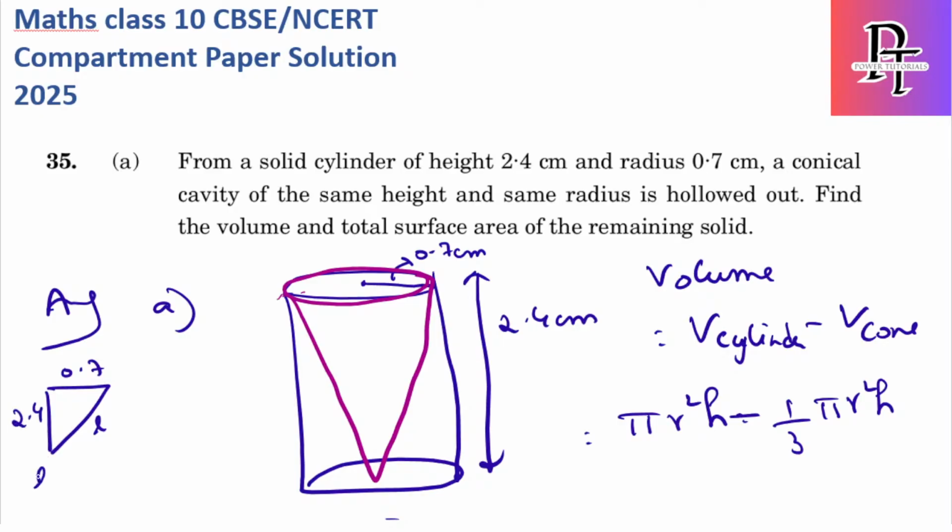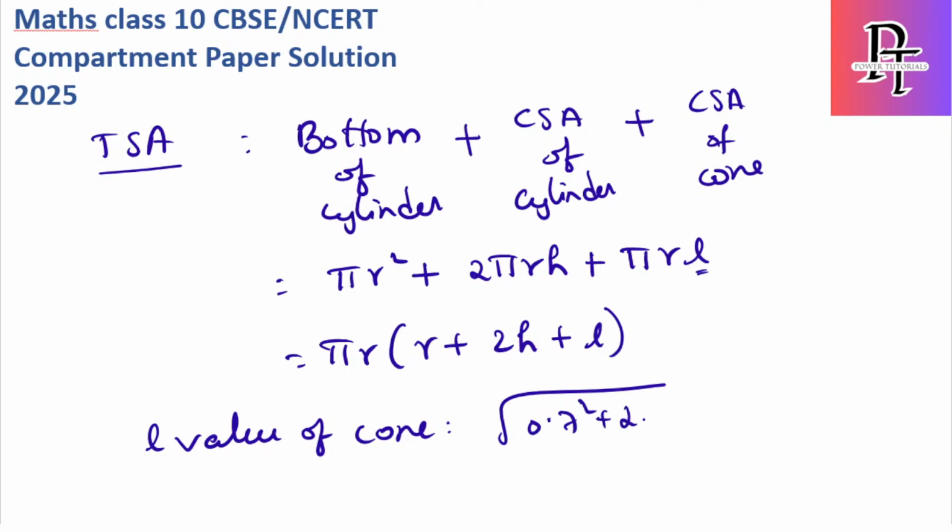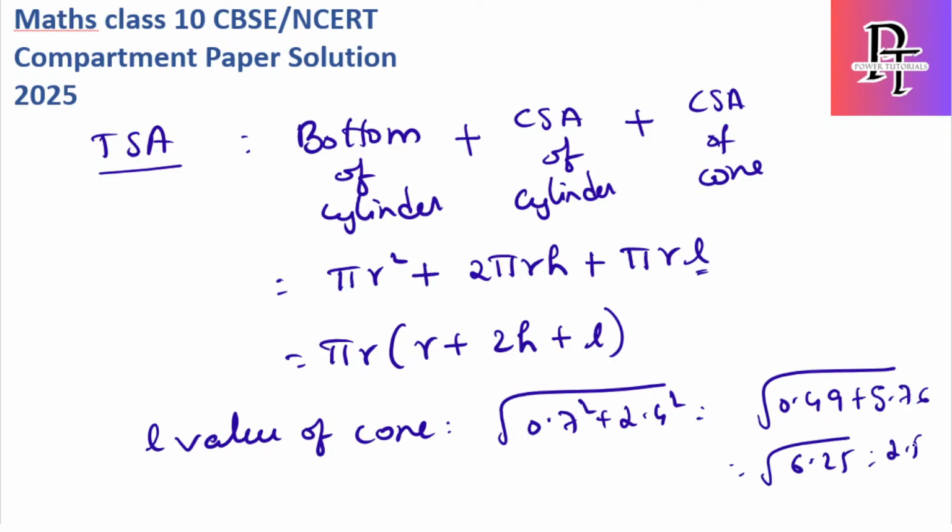So the l value of the cone is equal to root of 0.7 square plus 2.4 square. So this becomes 0.49 plus 5.76, which is root of 6.25, which is 2.5.